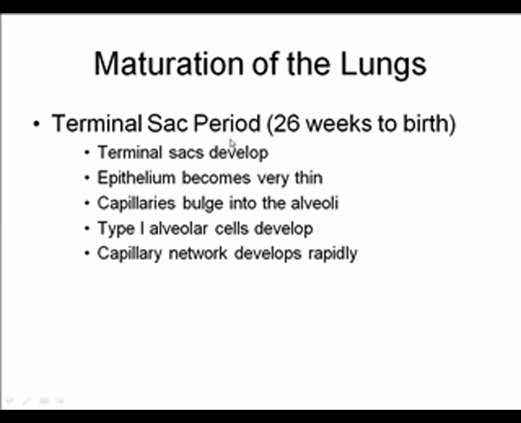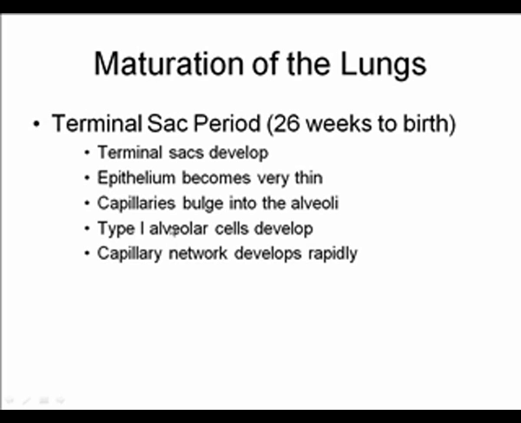During the terminal sac period, the epithelium is going to become very thin for some of the cells, and so type 1 alveolar cells will form. And the capillaries are going to bulge into those alveoli, and so we're going to have the formation of the capillary epithelial boundary.